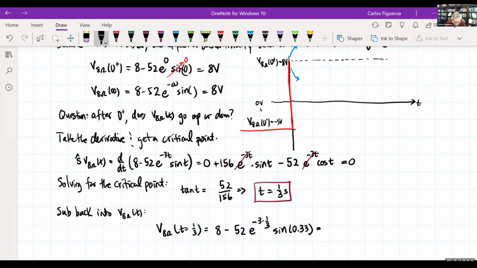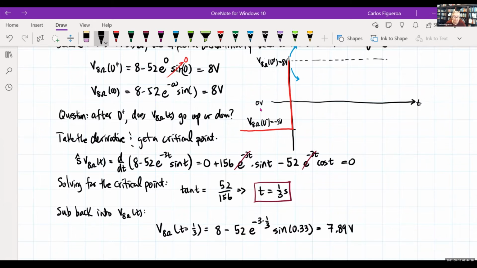Now if I check this number here, I should get a value of 7.89 volts.